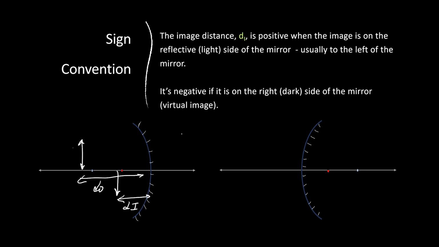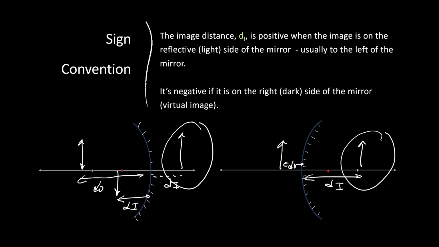But if DI is here, image here, here's DO, and here's DI. This one and this one, they both have negative DI because they are on the dark side of the mirror. Here, DI is negative.